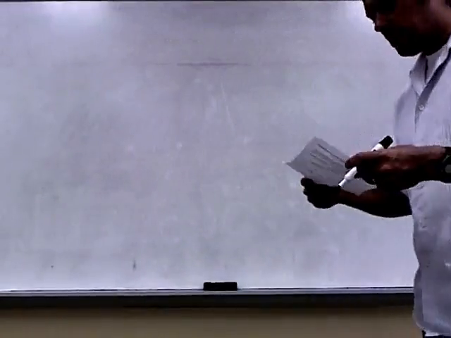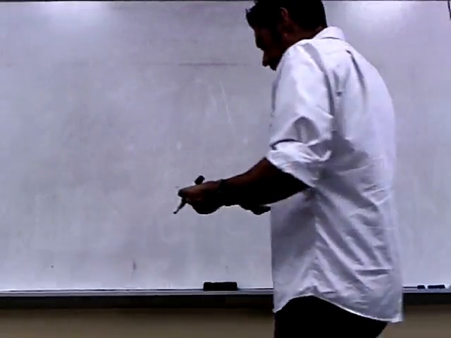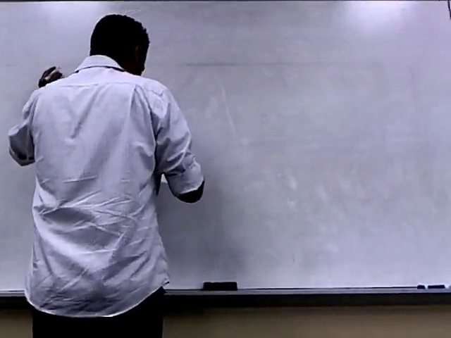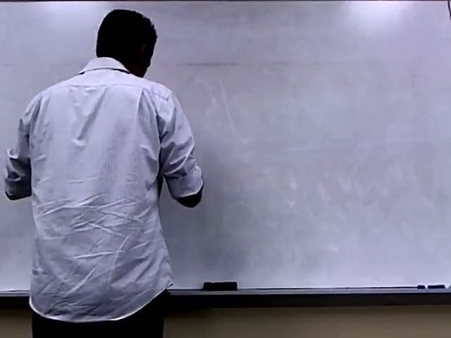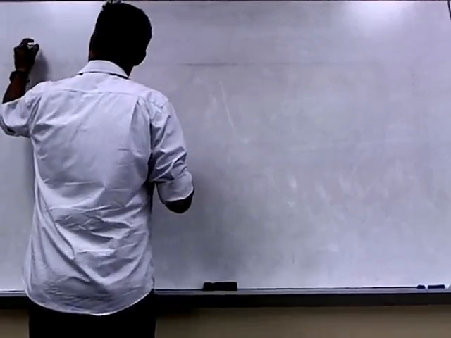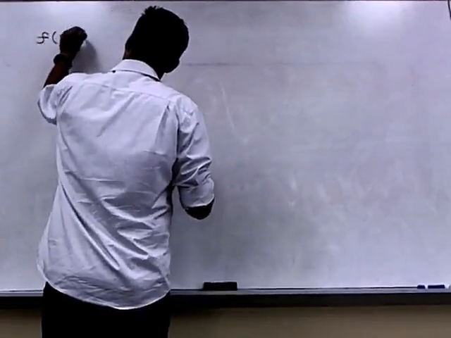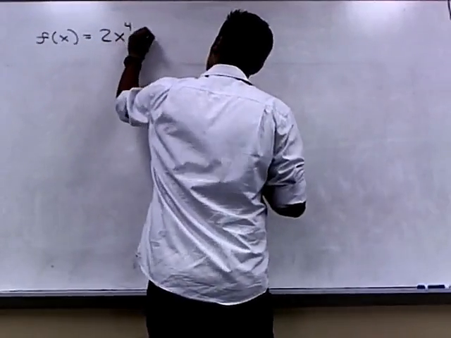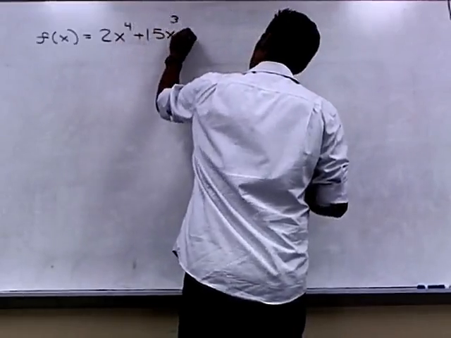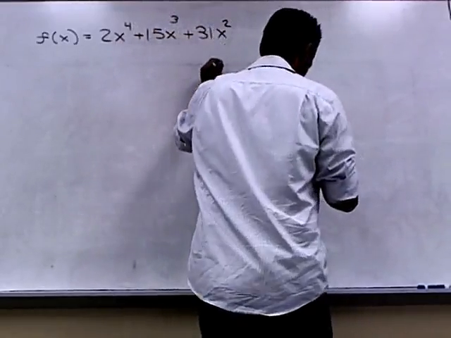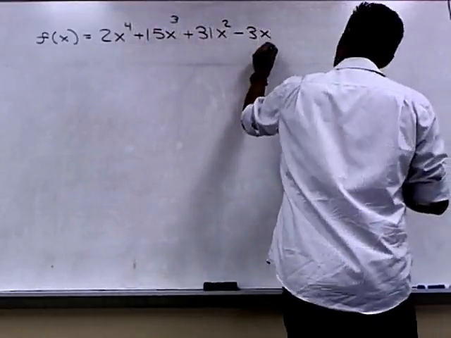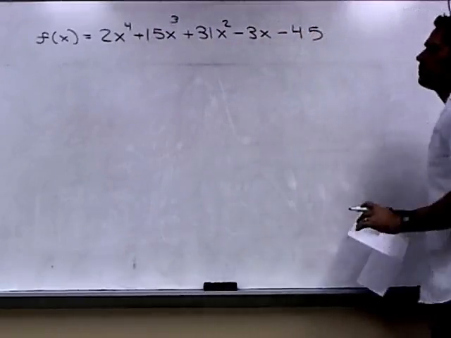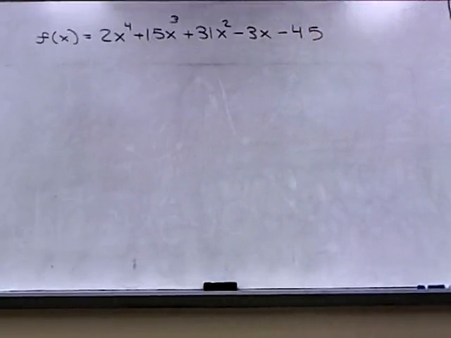All right, let's look at something a little more challenging, I guess. We have a function, f of x equals 2x to the 4th plus 15x cubed plus 31x squared minus 3x minus 45. This will probably be our last problem of the day.